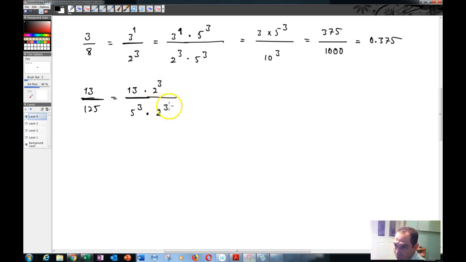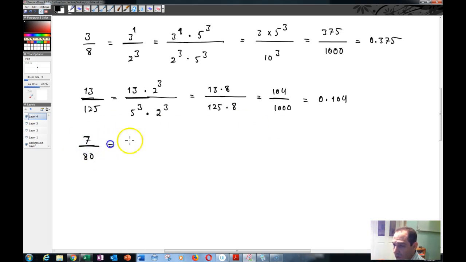I can add it over here as well, and of course you can always cancel them out. So then you have 13 times 8 over 125 times, for example, 8, and that's the same thing as 104 over 1000, that's equal to 0.104, terminating decimal expansion again.